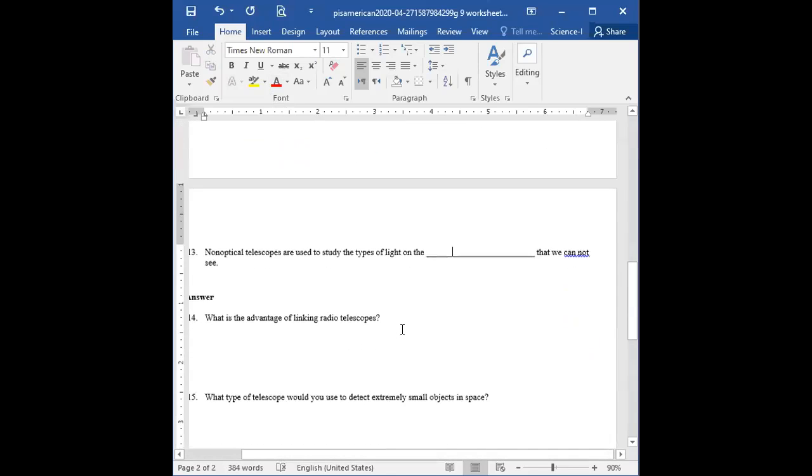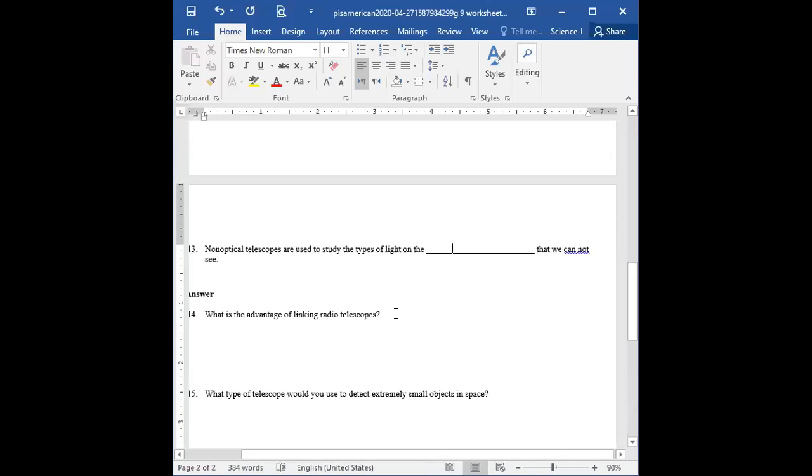So then question 13. Non-optical telescopes are used to study the types of light in space that we cannot see. Okay, so what here? Yes, Hanahani?